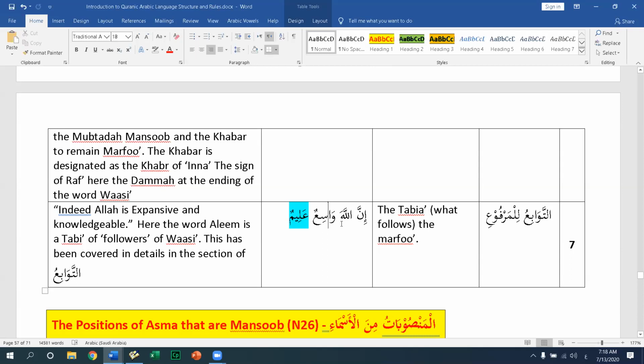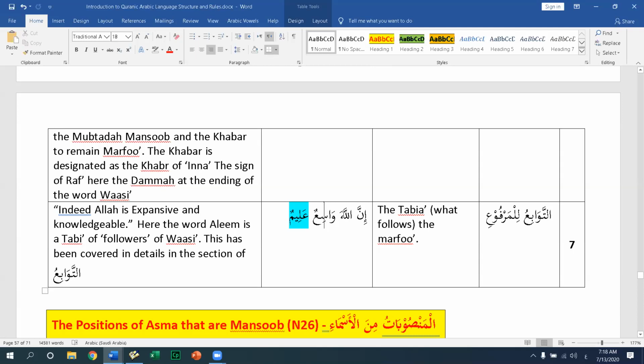Excuse me. Or to emphasize, actually it's more technical than that. It's to emphasize إسناد الخبر إلى المبتدأ. The association of the khabar with the mubtada. Al-wus'a to Allah, that Allah is wasi'.